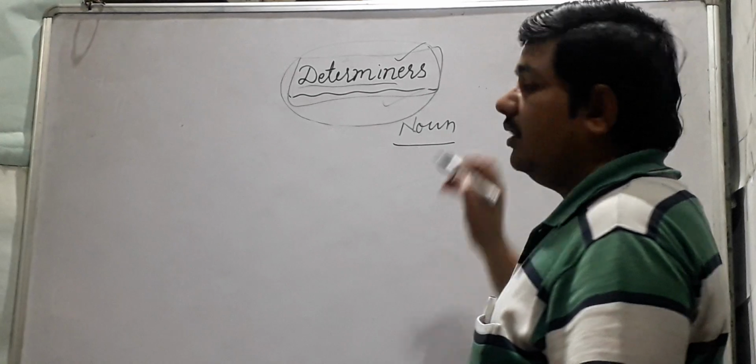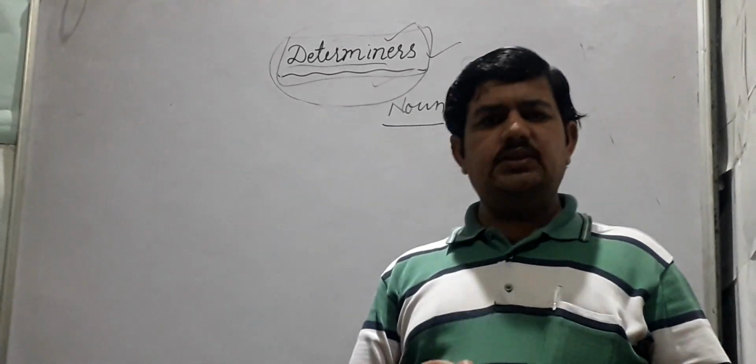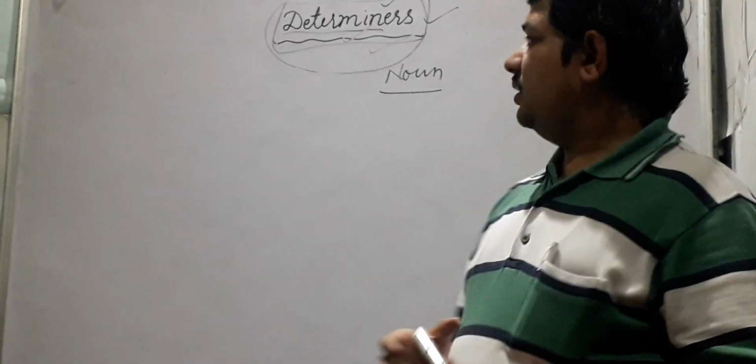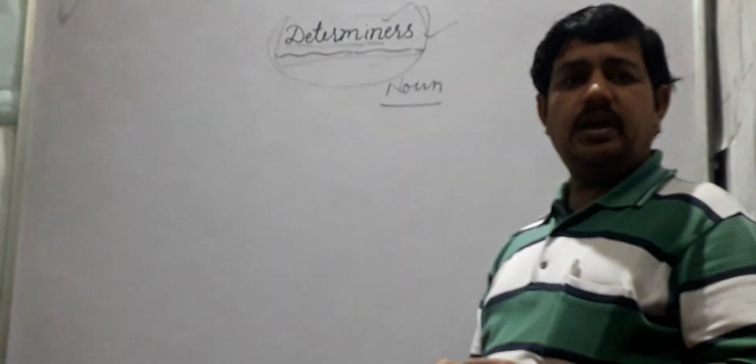Any word that is coming just before a noun, that is a determiner. In a way, we can say it has similarity to the word adjective. There are many types of determiners.